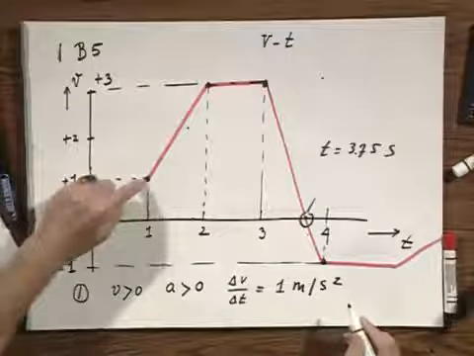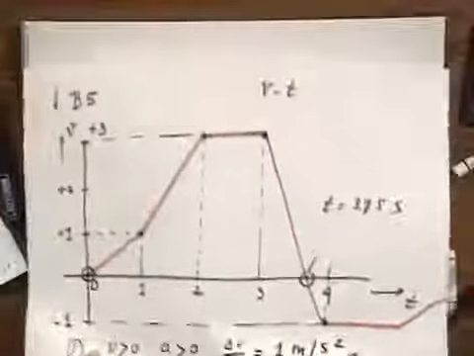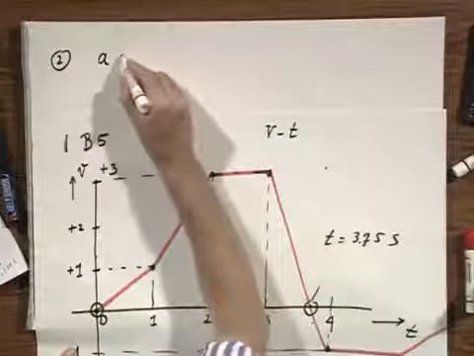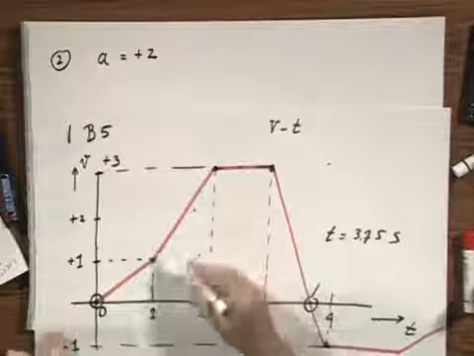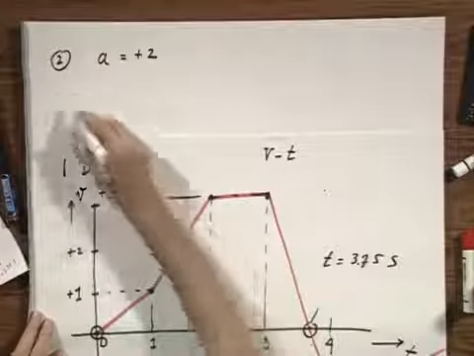As delta v changes by 1, delta t also changes by 1. During the second second, I find that a equals plus 2 meters per second squared. It is this part which you will be able to check quite readily.